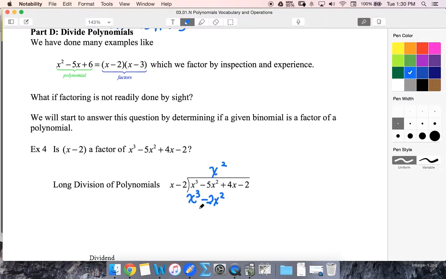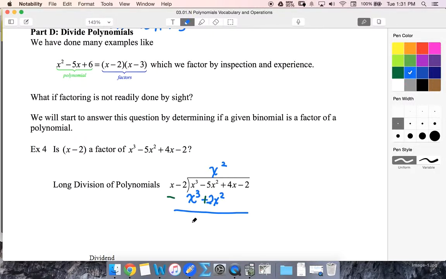Well, now I'm going to subtract this quantity from the whole quotient. When I do this subtraction, I always think, draw the line, change the signs, because we're subtracting that whole quantity. Negative times negative would make positive. So when I subtract, I should always have that first term eliminate. So we would have 0.